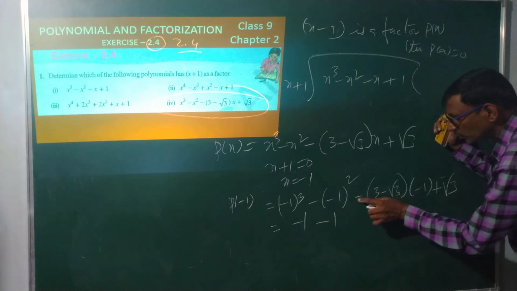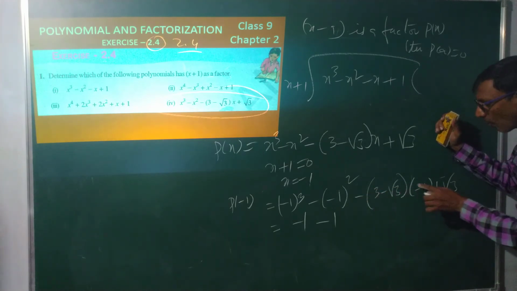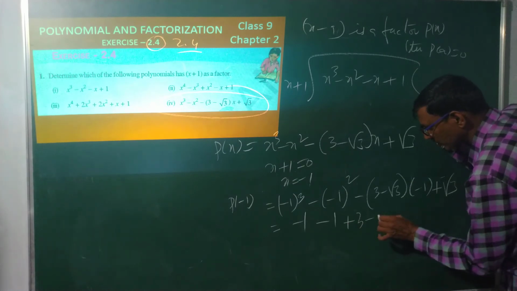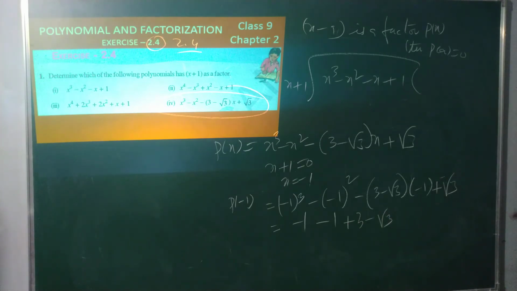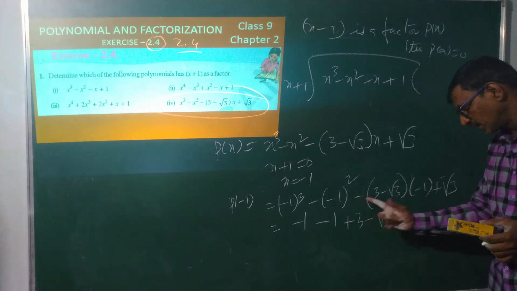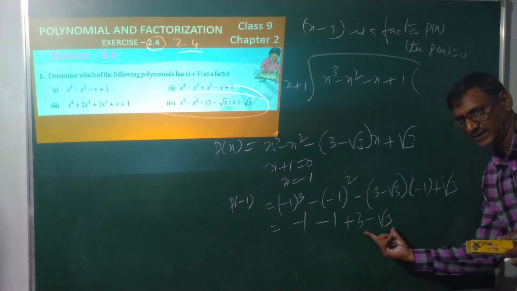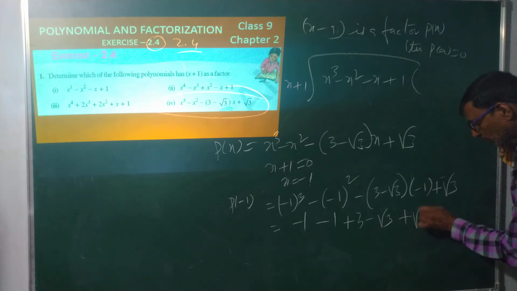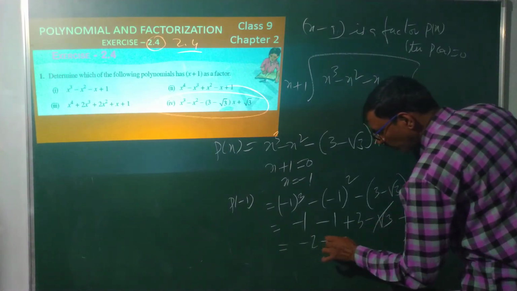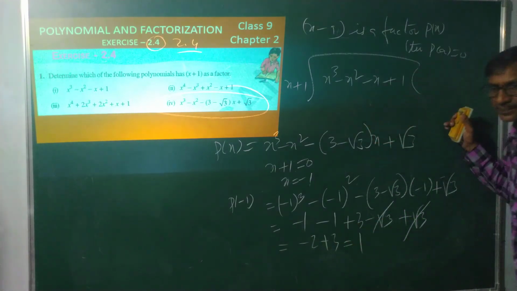Minus into minus is plus, so 1 multiplied by this gives plus 3 minus root 3. That is very clear. Once again, minus into minus is plus, therefore it is taken down as it is. Plus root 3. Plus root 3 minus root 3 get cancelled. But minus 2 plus 3 is equal to plus 1.